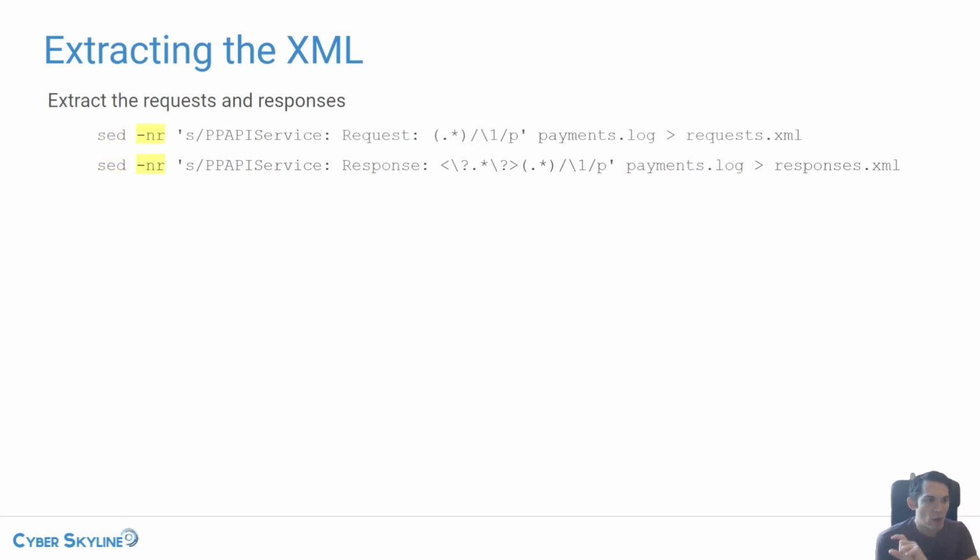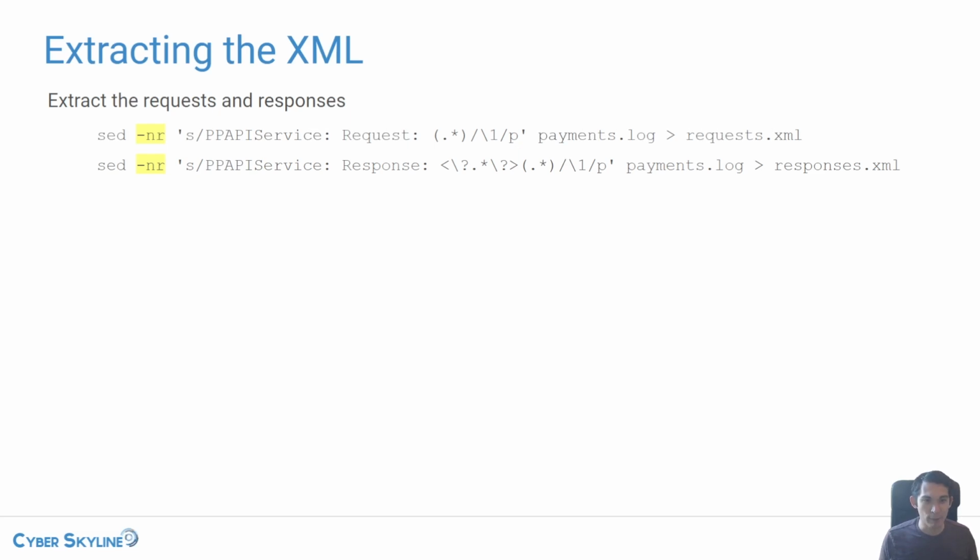And so walking through this command that we have here, we have this -n option that prevents sed from printing every single line in the file, because we only want to print out the lines that have the requests or the responses. Remember, there were those other debug lines within that file.